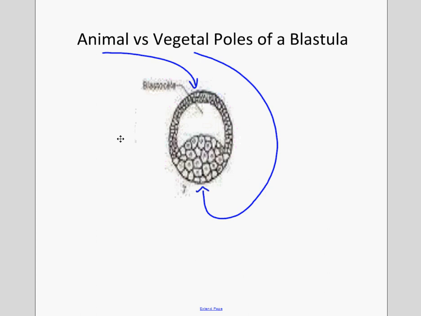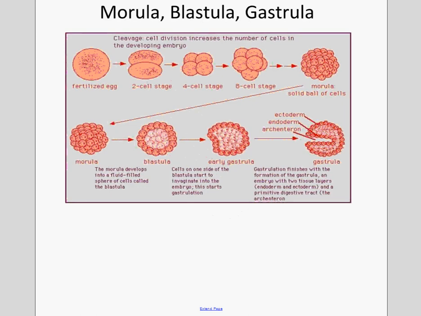And then you have that cavity inside, and the cavity begins to form the body cavity of that organism. Well, one thing is missing. Most organisms have some sort of tube that runs through the body that has two openings, and that tube forms the digestive tract. And so that is the next phase of this, and it's called gastrulation.